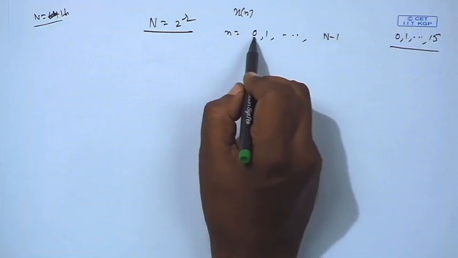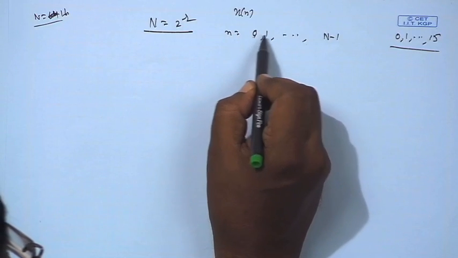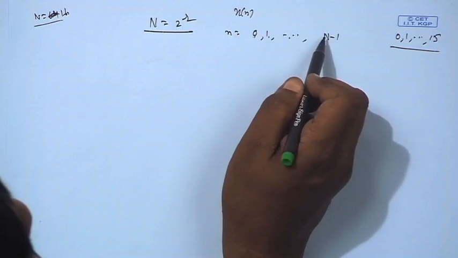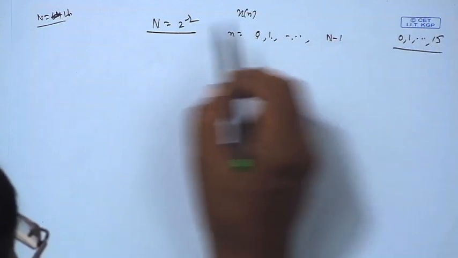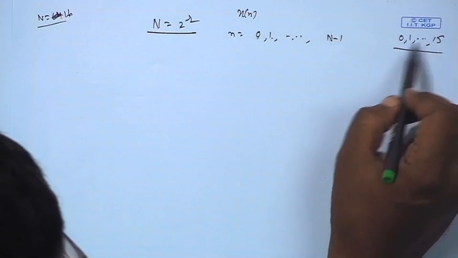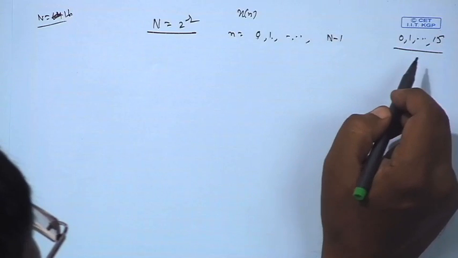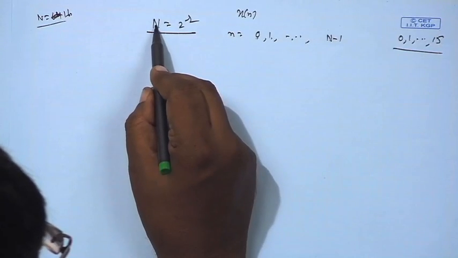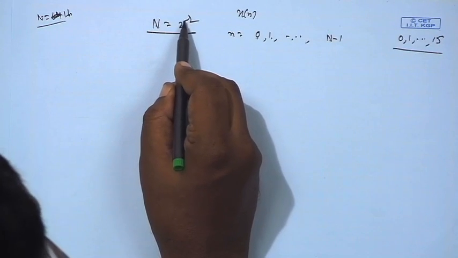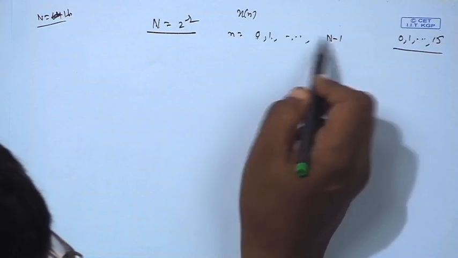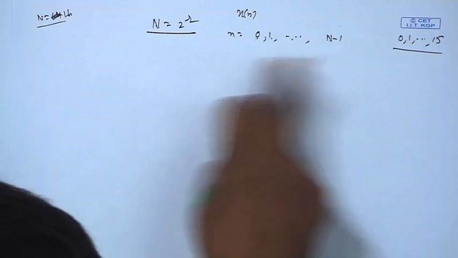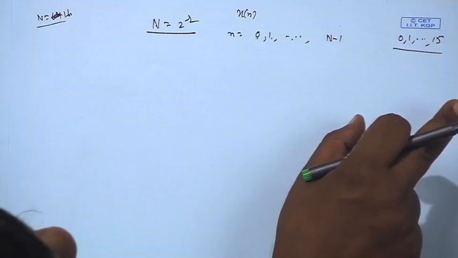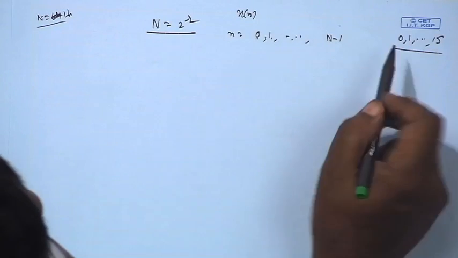So, every index value, 0, 1, 2, all the index values up to capital N minus 1, like 15 here, or if capital N is 64, it is 63 here, if you want to represent all of them, you require 6 bits.